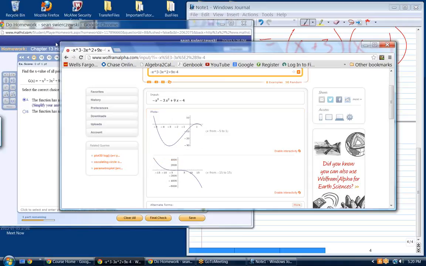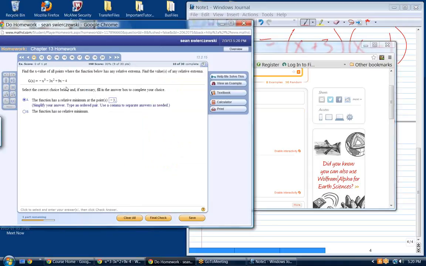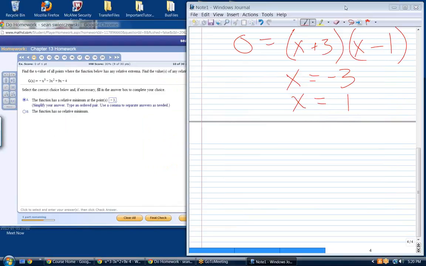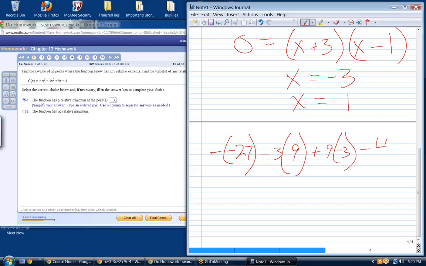Did you figure it out? Did you plug it in? No, I didn't. To make sure we get it right, let's see. If we got minus 27 minus 3 times 9 plus 9 times -3 minus 4.